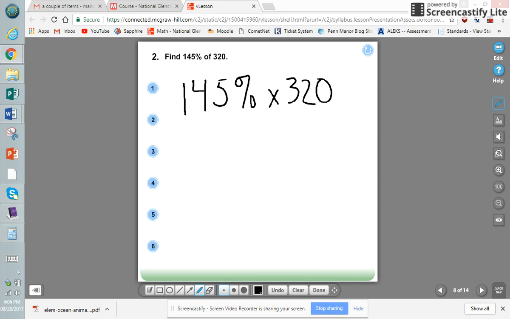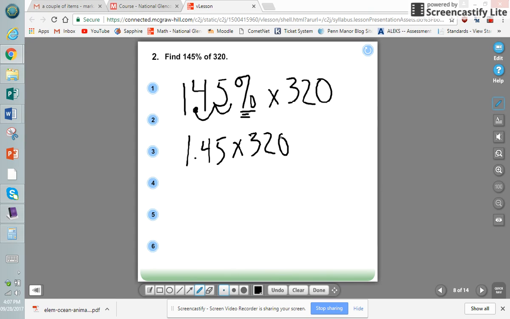First things first, see this symbol right here? Does not play well with others. Sharp teeth, little, wonder if I'm thinking of kindergartners. Bounce. New equation, or equation I can work with, is 1 and 45 hundredths times 320.